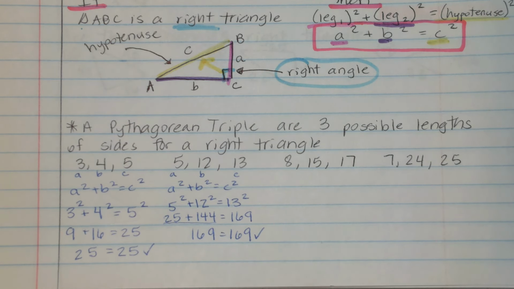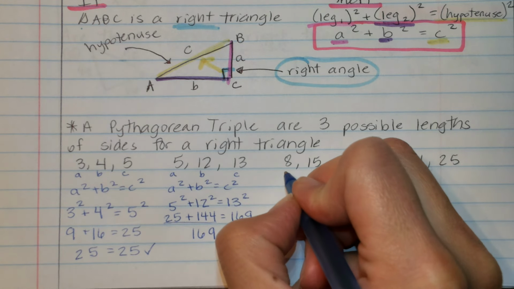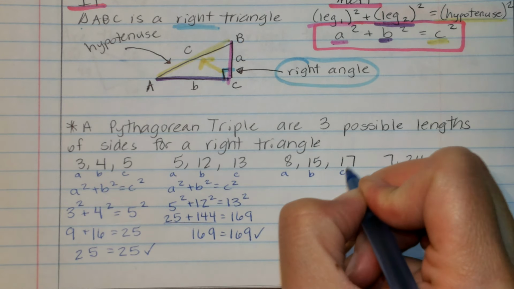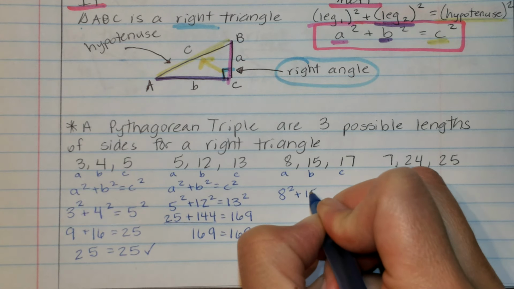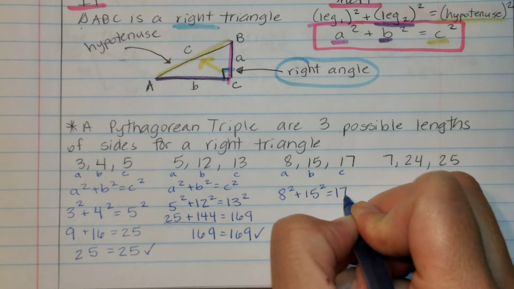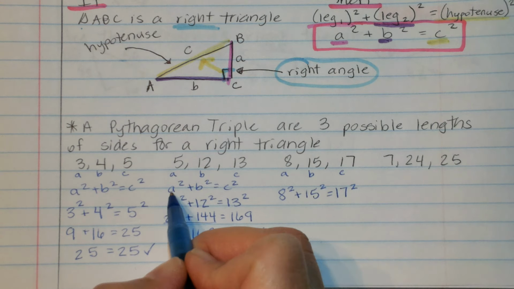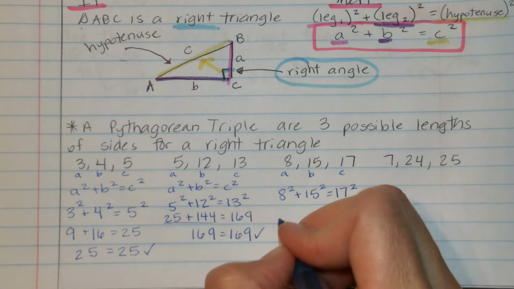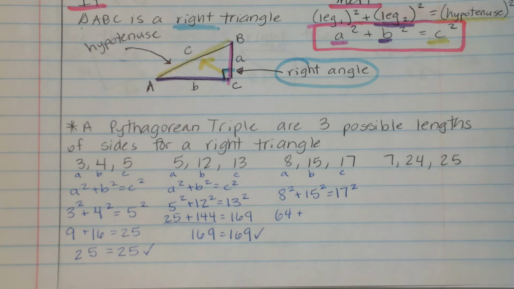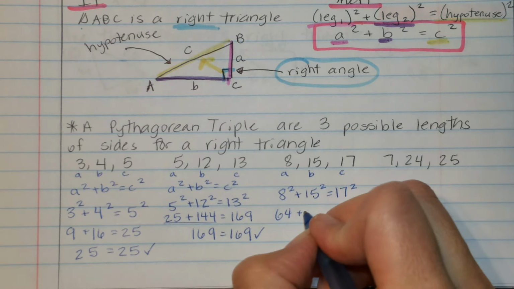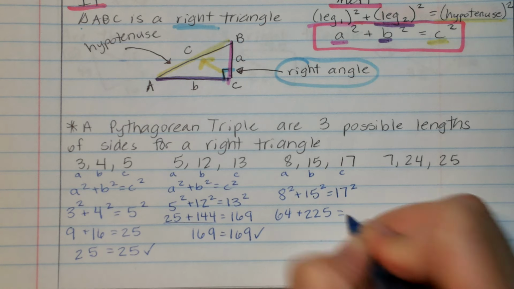So let's just go through and check the rest. So just to practice, remember A, B, C. C has to be the largest. I'm going to just go straight into 8 squared plus 15 squared equals 17 squared. I'm using the same thing, A squared plus B squared equals C squared. 8 squared is 64. I don't know 15, so I'm going to do 15 times 15. Or if you have the square button, you could use that.